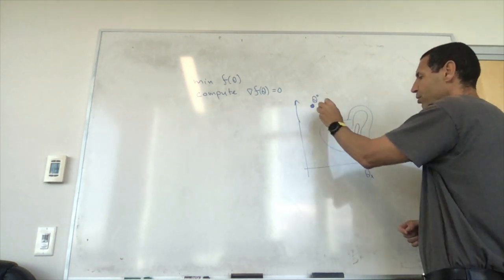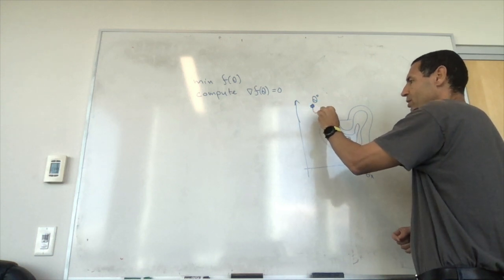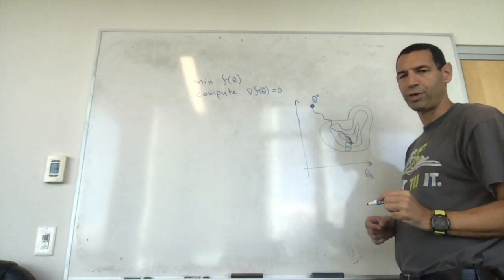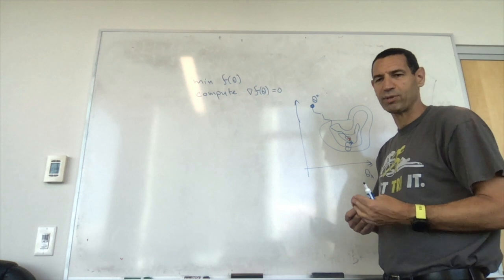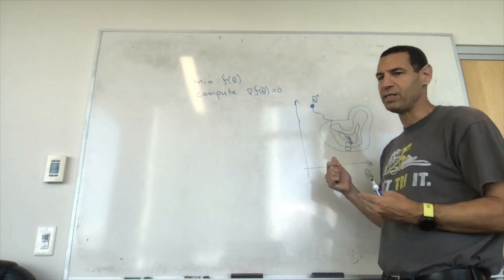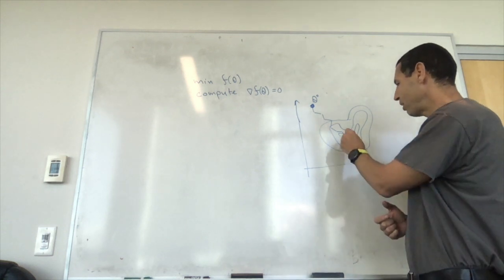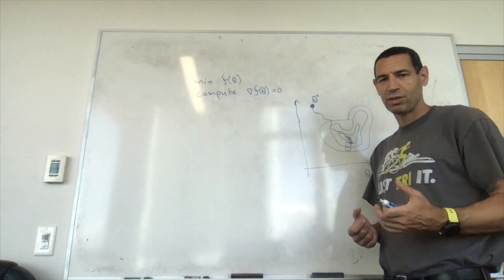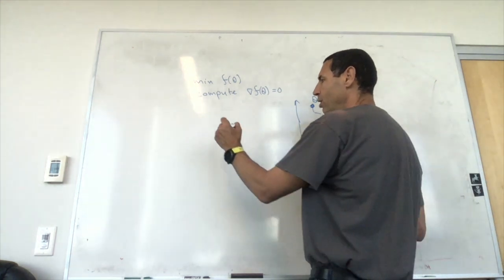You're not going to get from here to here in one go. What you're going to do is take steps somehow, and these steps eventually would lead you over here. To be honest, most of the time the number of steps needed to get you all the way to the end is infinity. However, after a finite number of steps, you'll be close enough for all practical purposes to the solution of the minimum.